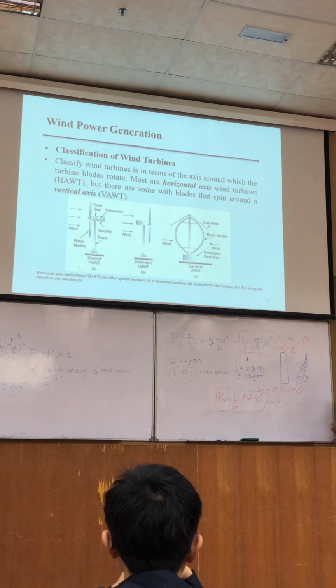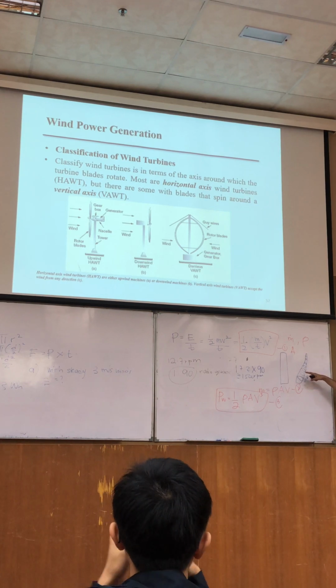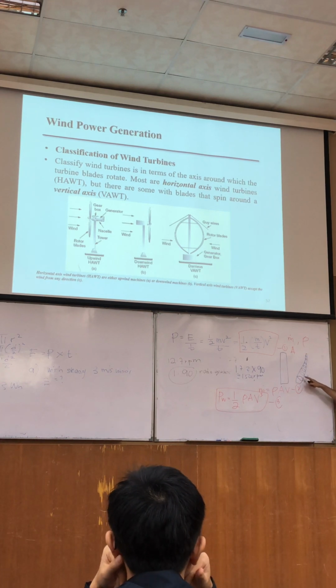And then the blade. The blade of wind turbine, the blade of turbine, the shape is like this one. The blade of the rotor, the blade of the wind turbine. It's not this rectangular shape or this one. This is the blade of the wind turbine, which is we have L4 here.